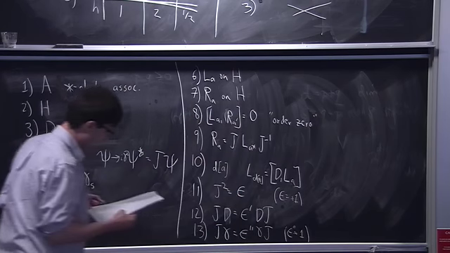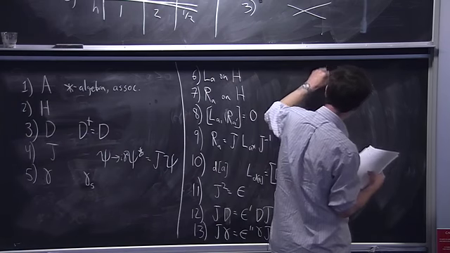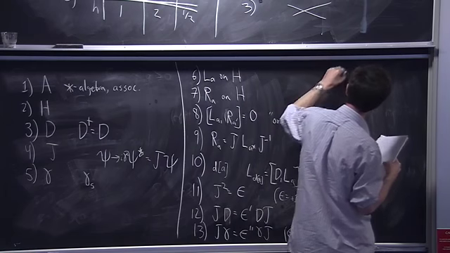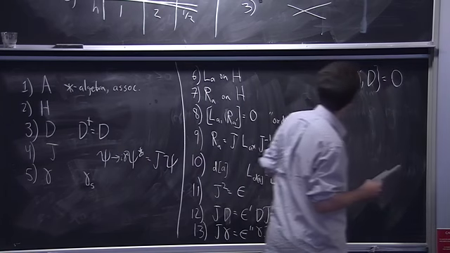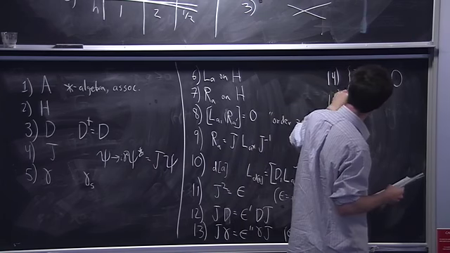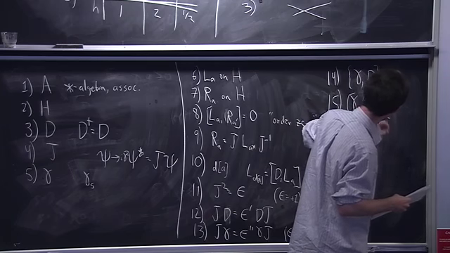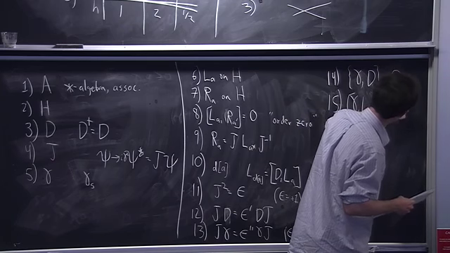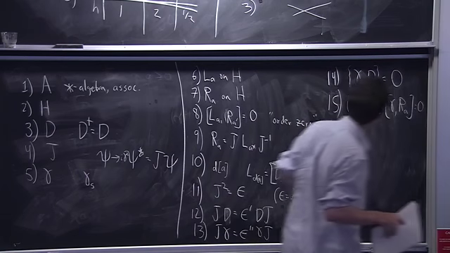And okay, maybe I'll just say 2 more. Gamma and D are assumed to anti-commute, and gamma is taken to commute with both the left action and the right action. And this is not the end of the list, but this is where I will stop.